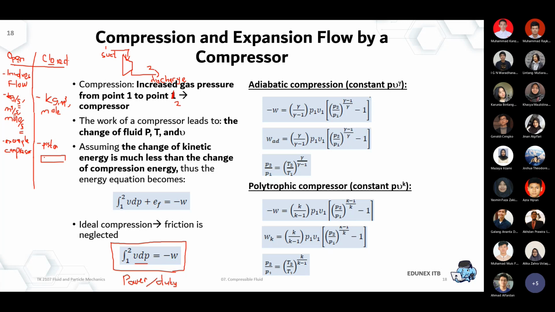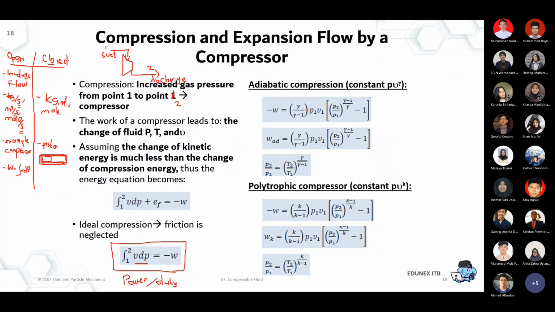When the piston moves to the left and to the right, it can be assumed that there is no flow because the system is surrounded by the chamber of this piston. So in terms of the compression duty, again, the main difference is that the duty over here will be considered as VdP.